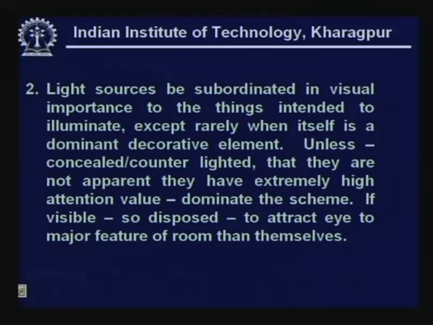So, otherwise if they are not concealed, they are not counter lighted, they should be located in such a way that the observer is not drawn to the lamp, but he is drawn to the object which is lit by the light coming from this source. So, essentially what it means is you should not get distracted by the way the lamp is located.